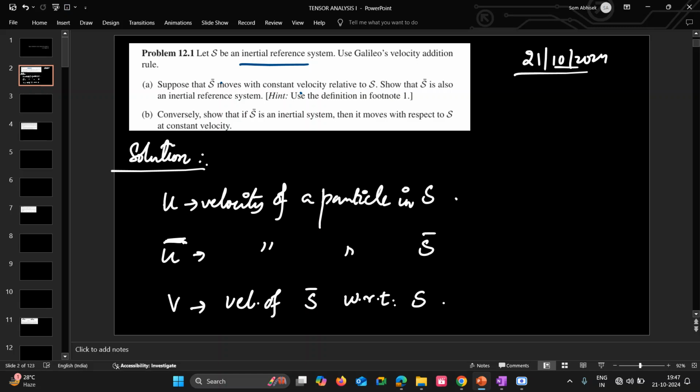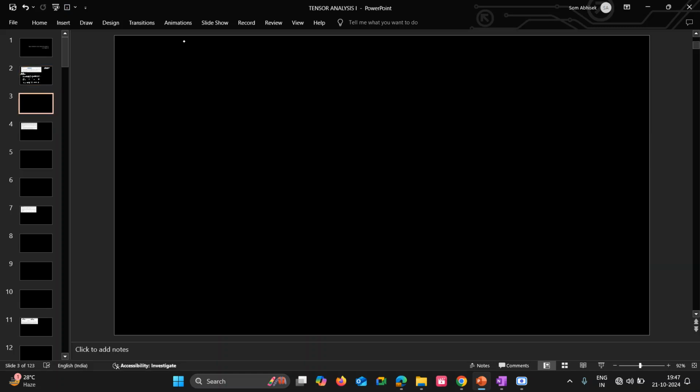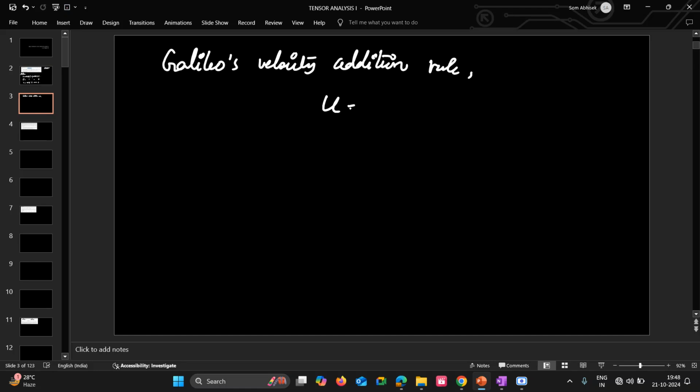So Galileo's velocity addition rule says that u is equal to u bar plus v.